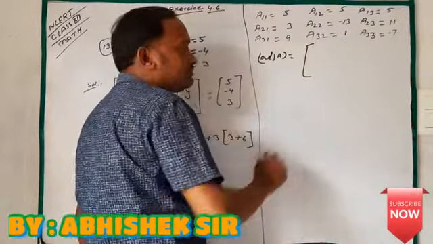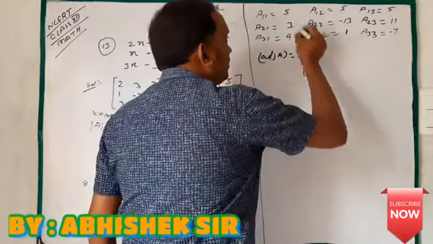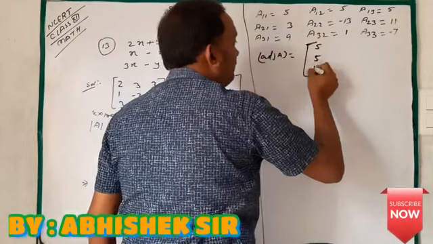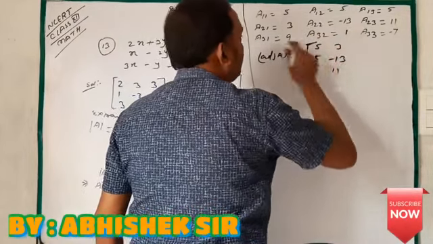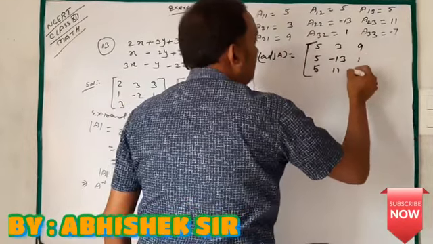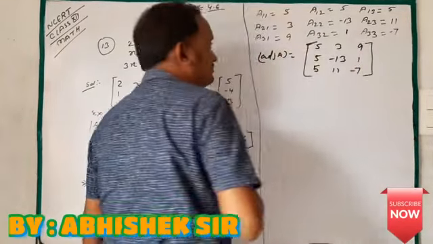First row becomes first column: 5 5 5, 3 minus 13, 11, 9 1 minus 7.